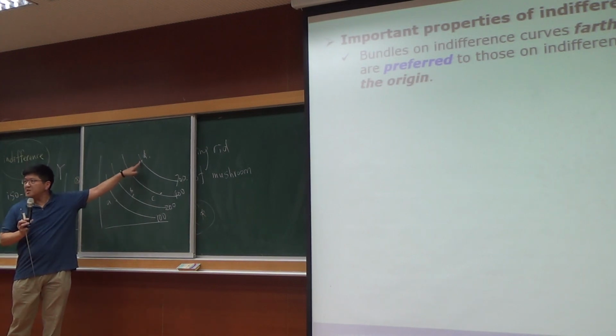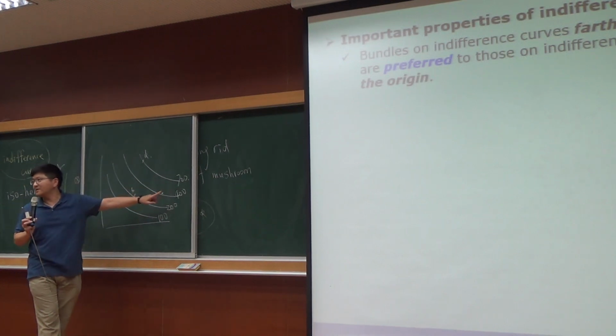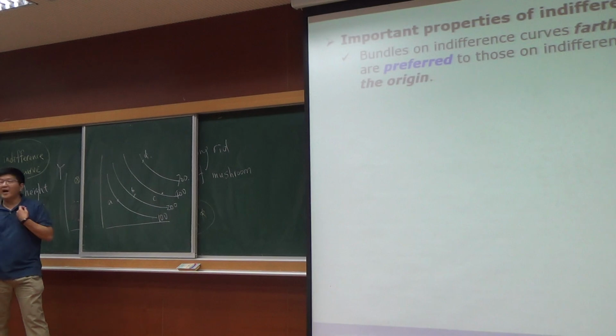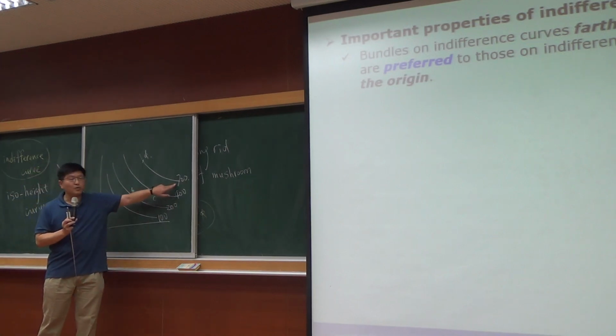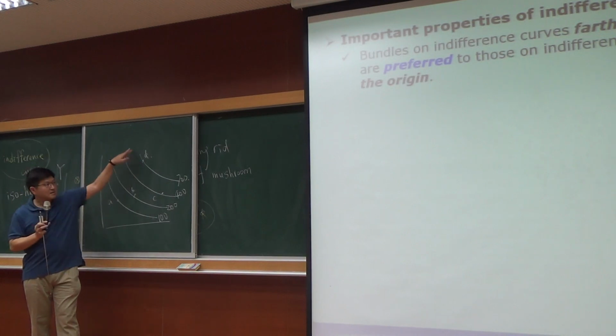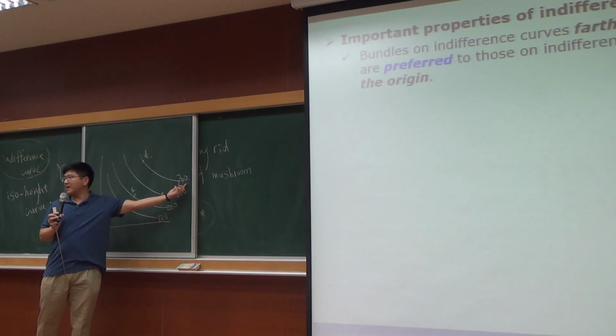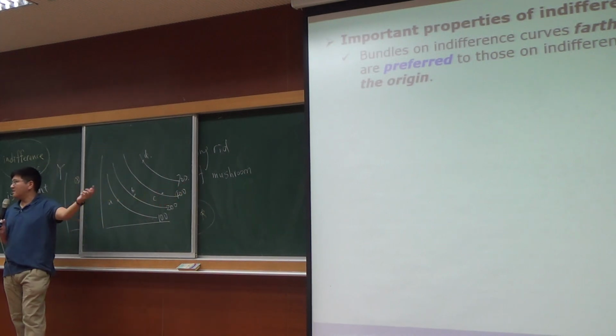Because D gives me the highest satisfaction. I'm satisfied most with this point, because this point is located on the indifference curve denoted by 700, the highest number.